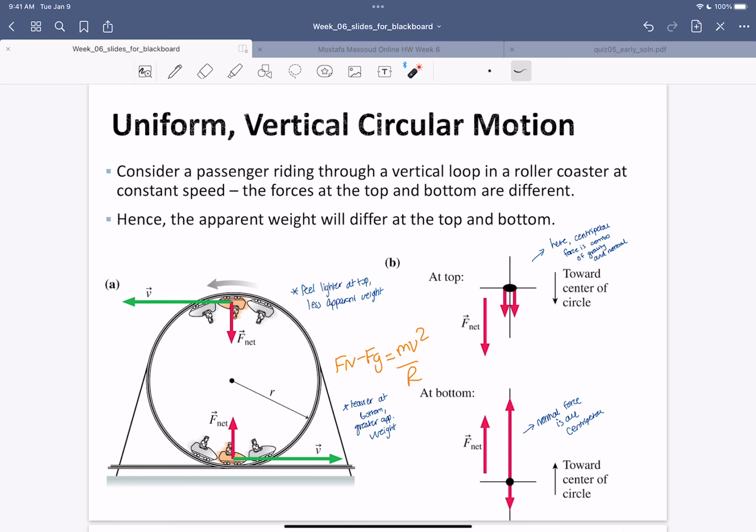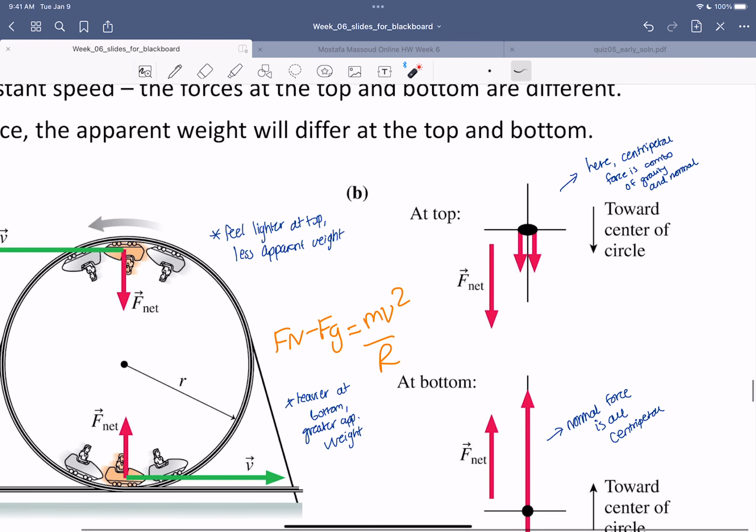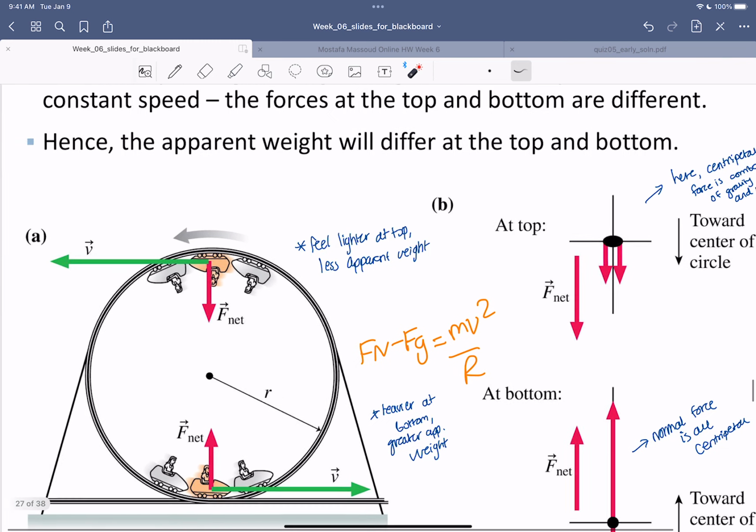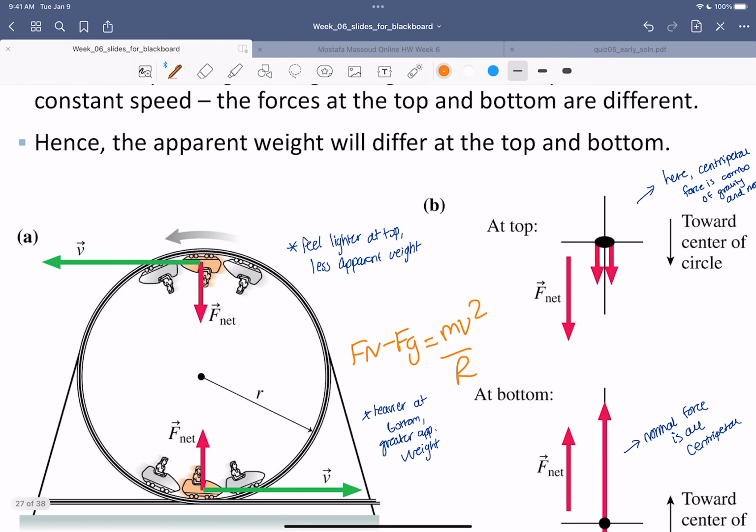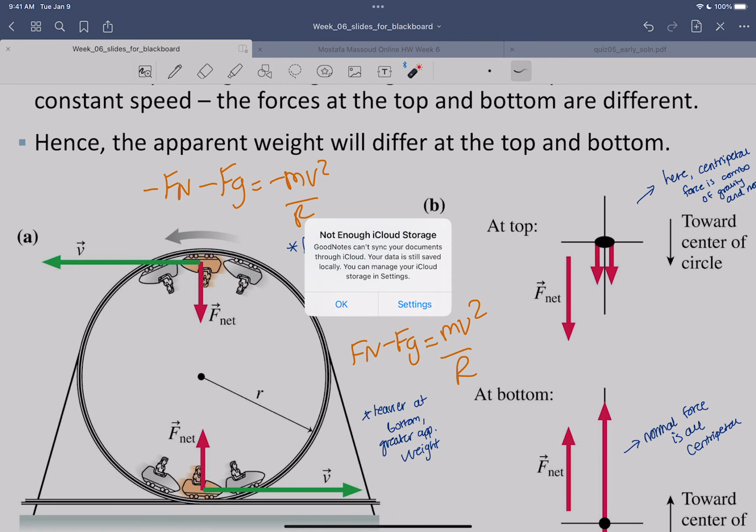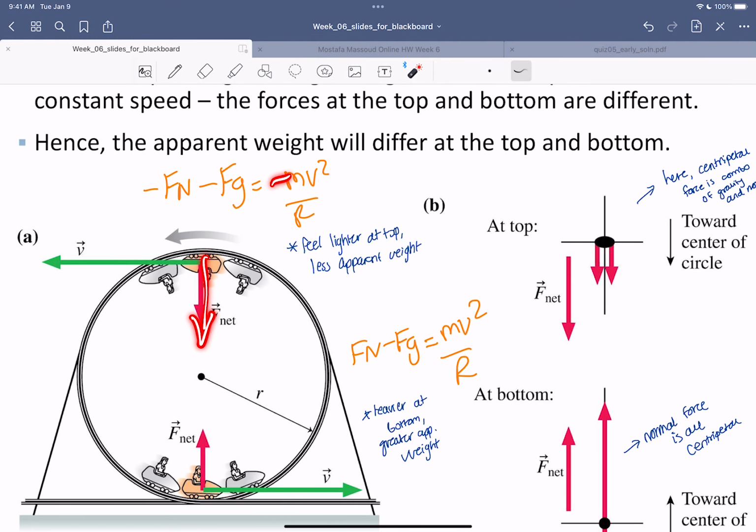So, what they have here is actually, I think, a little bit incorrect, because if you were to calculate this out, like if you were to write it out like I did earlier, you have negative normal force minus Fg is equal to negative mv squared over r. Remember, we said negative here because the centripetal force pointed towards the center is along the negative y-axis.